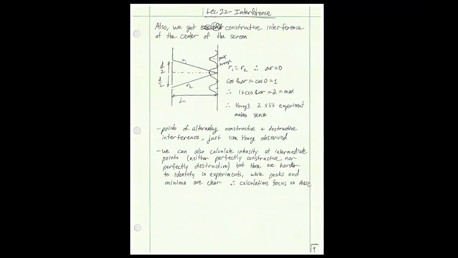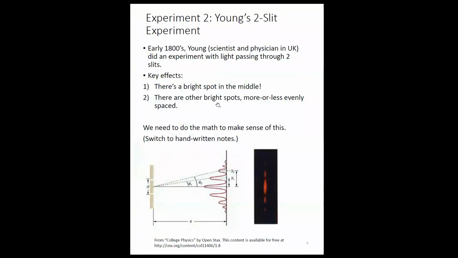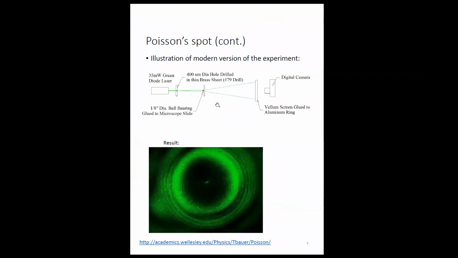Also, and here's the important thing, not only do we get those oscillating ripple effects up and down, which is what we saw in the experiments or in the photos of the experiments, but at the center of the screen, that is equidistant from the top slit and the bottom slit, we're going to get constructive interference there. And that also matches what we saw in this experiment and also in Poisson's spot.